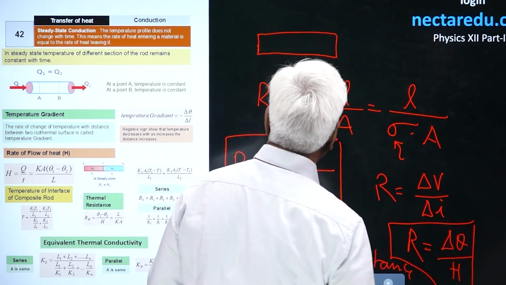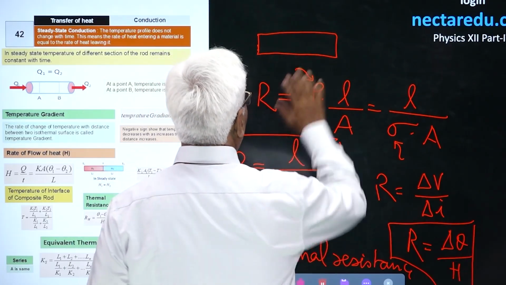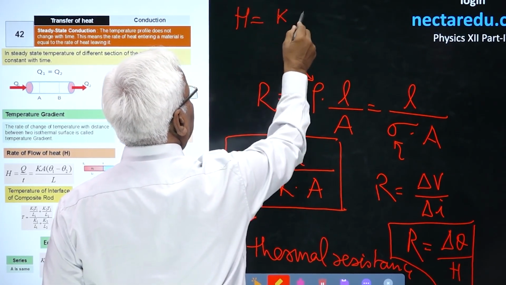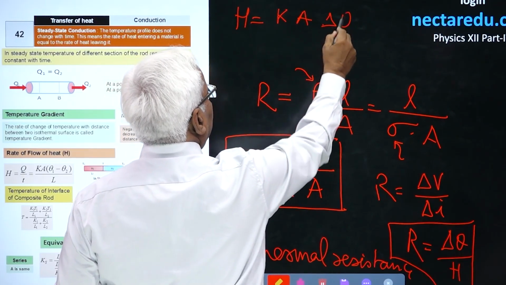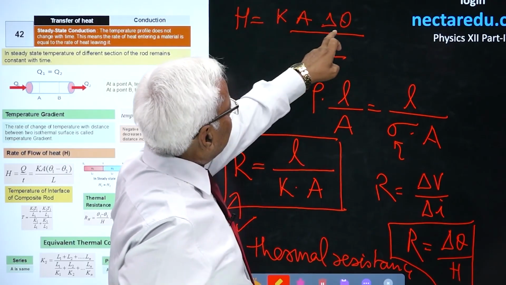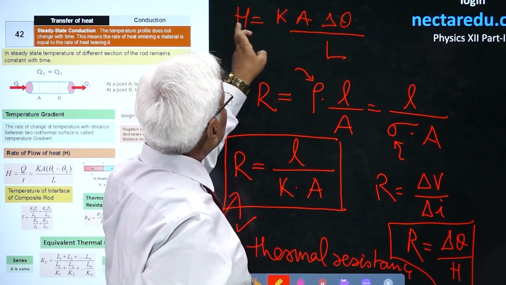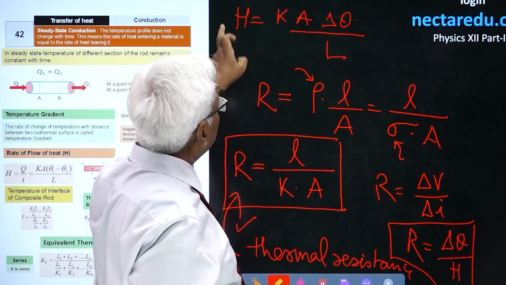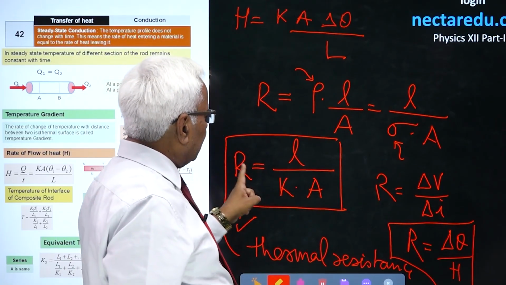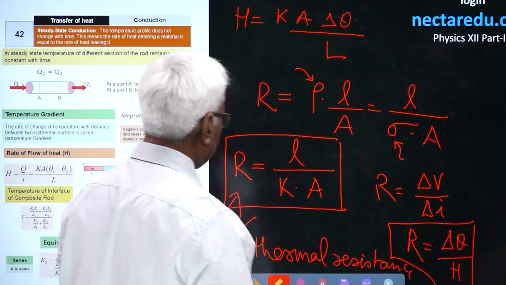If you take the ratio of delta theta and H, already this is given by delta theta upon L. You see, if you take the ratio delta theta by H, it's going to be L upon Ka. That is what exactly we have written. So you get this relation for thermal resistance.